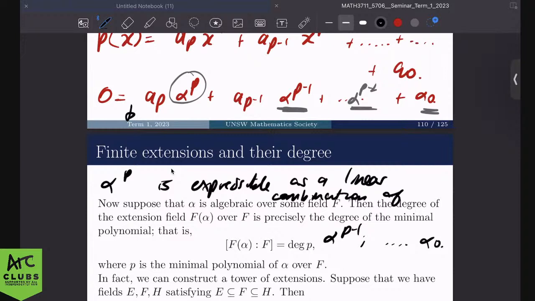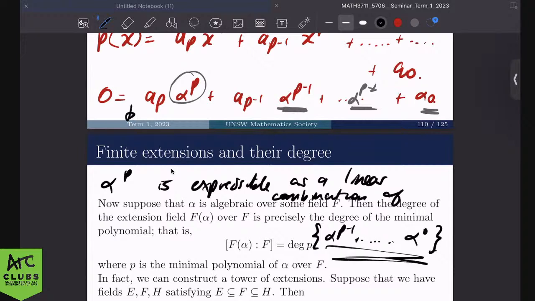And in fact, you can extend this further. Alpha to the power of P plus 1 is expressible as a linear combination of these numbers as well. I'll just write it again. Right, so alpha to the power of P plus 1 is expressible as a linear combination of these.